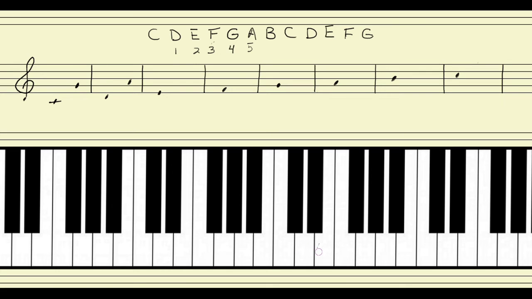If I start on the note D, D is going to be 1, E is going to be 2, F is going to be 3, G is going to be 4, and A is going to be 5. So I come up with the same answer. A fifth above D is A.